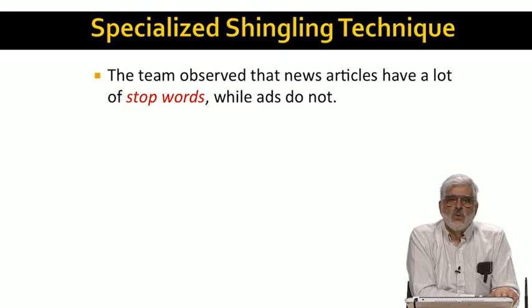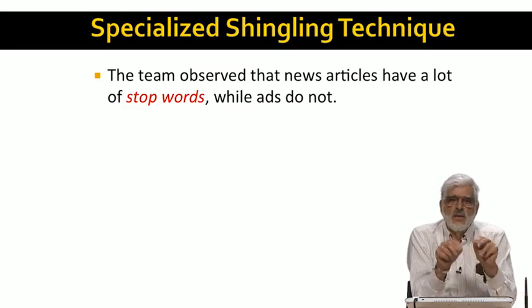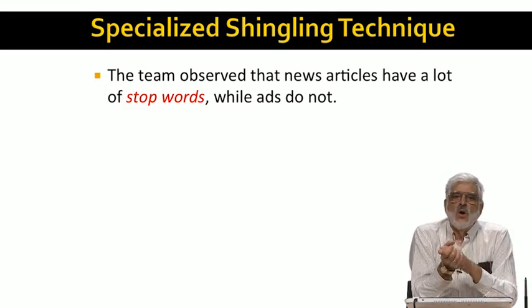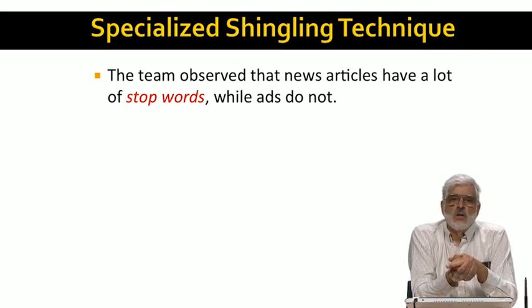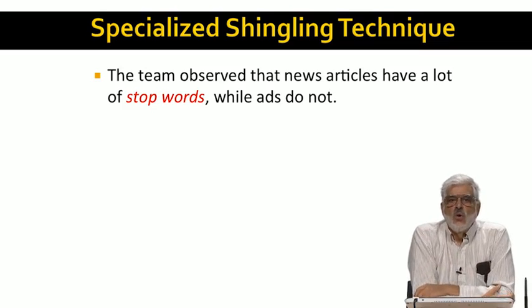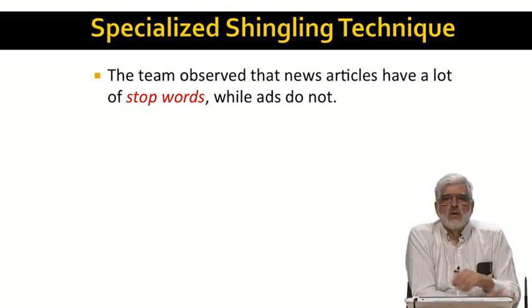Typically, the set of stop words includes things like and, the, to, and so on. Usually when analyzing text, we ignore stop words because they don't tell us anything about the subject matter. But here the key observation was that the stop words tell us whether we're looking at the news article from which we want to take our shingles, or ads or other peripheral matter from which we do not want to take shingles.